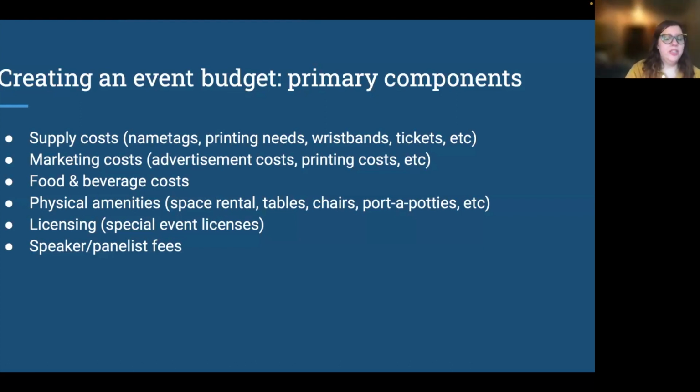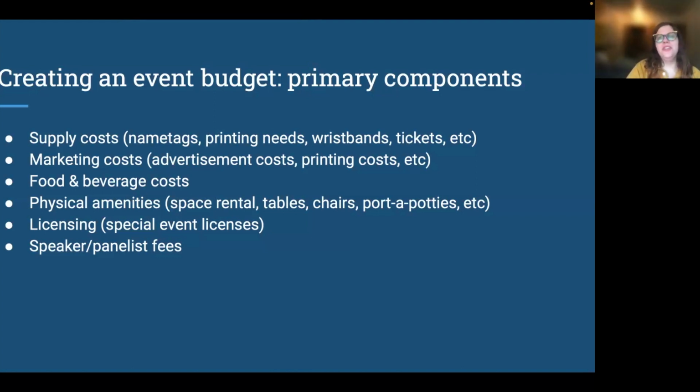It's also important to consider food and beverage costs. Those can add up really quickly, especially if you are trying to accommodate large crowds. It's also important to consider how much the physical amenities will cost. So things like renting the space. In some cases, you may also have to rent tables and chairs or porta potties, especially if you're doing an outdoor oriented event.